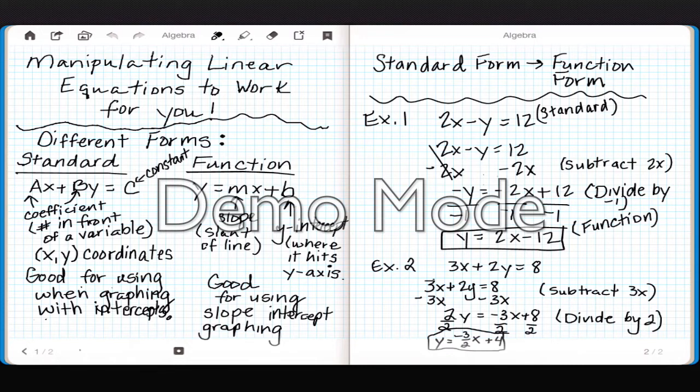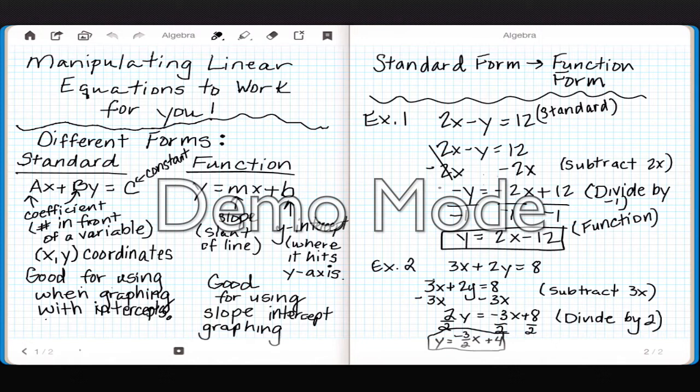And the b represents the y-intercept, where it hits the y-axis. And we're going to go into that as well in a future lesson. But all I need you to know right now is that when it's in this form with the positive y on one side, and everything else on the other side, then it's in function form. So this is good for using slope-intercept graphing. And also you can use them for a table of values.